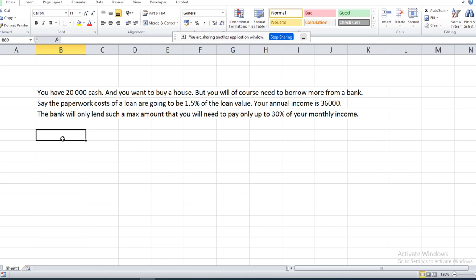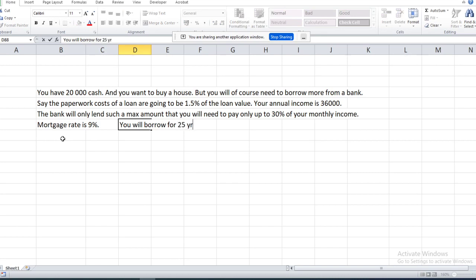Okay, let's say the mortgage rate is, say, 9%. The mortgage rate is 9%. What else do we need here? Let's say you will borrow for 25 years, let's say. Let's make it 20 years.